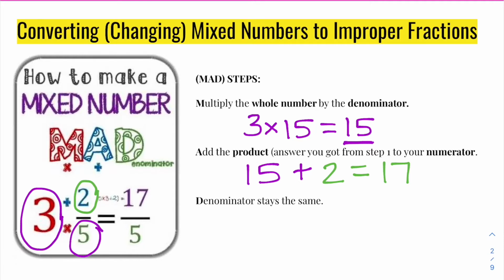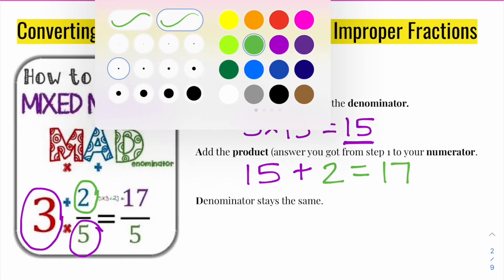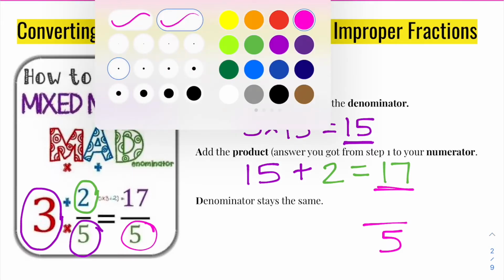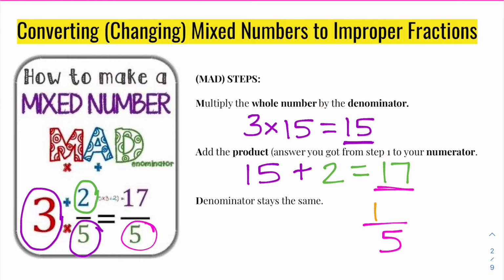My final step in the process is keep the denominator the same, which means my denominator stays 5. And then I just put the answer I got during my step 2 into my numerator. So my answer would be 17/5.